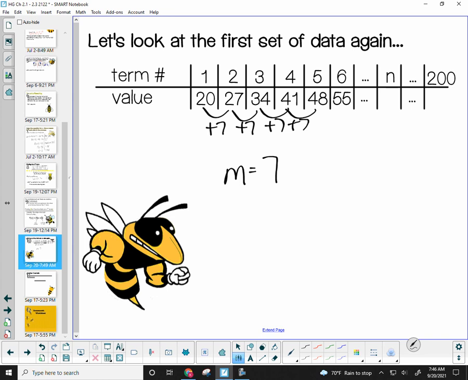I need that y-intercept. So let's use some logic here. Let's do some inductive reasoning to work backwards. I need to find when x is 0. I need the 0 term. So what did I have to add 7 to in order to get 20? 13. So my b value is 13.